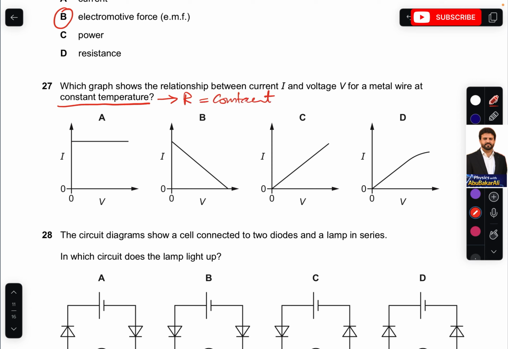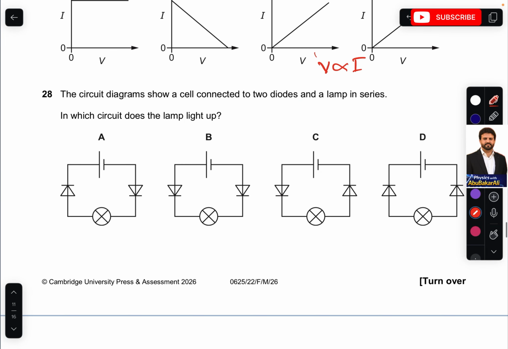And you have to keep in mind the slope of these graphs is showing the R, and that is equal to a constant. So you have to choose a constant slope. That is option C. Okay, constant positive slope, because we know V and I are directly proportional as well. The circuit diagram shows a cell connected to two diodes and a lamp in series.